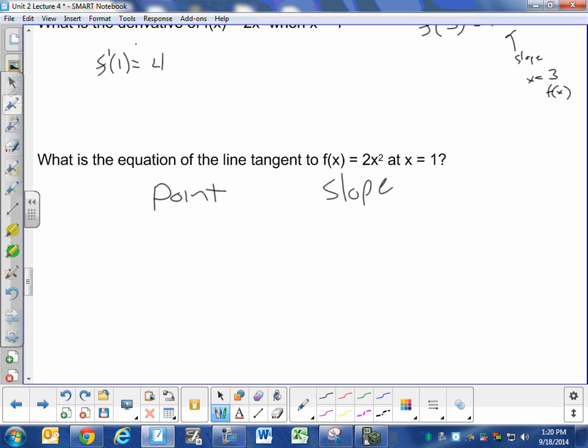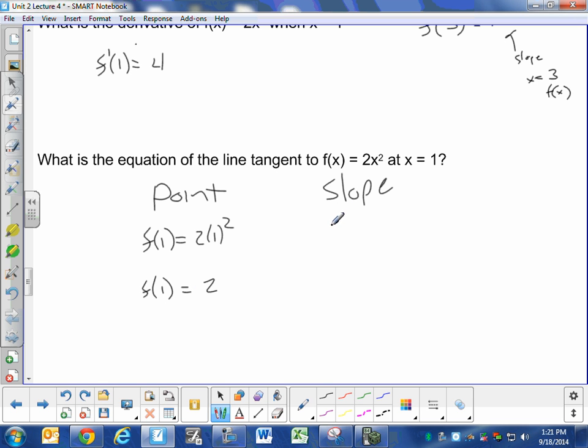From my function. Exactly. Where my tangent is located. We're looking at when x is 1, I'll get the y location from my function. The reason we didn't do this at 2 is because the point and the slope would have been the same, and that would have just blown your minds.